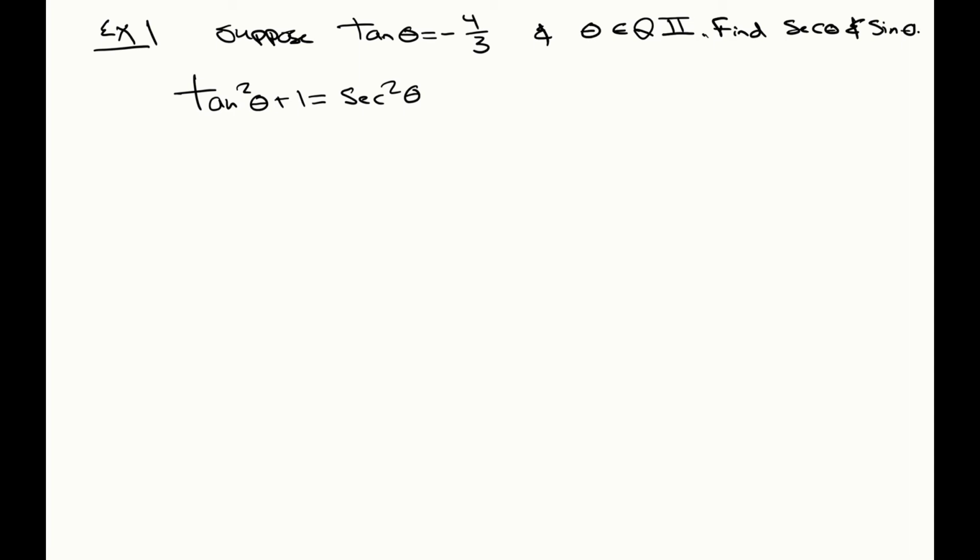This will be a particularly good one to use because after all we're looking for secant of theta to begin with. So now we know what the tangent of theta is. It's -4/3. So here we're going to have to square that because we want tangent squared plus 1 equals secant squared theta.